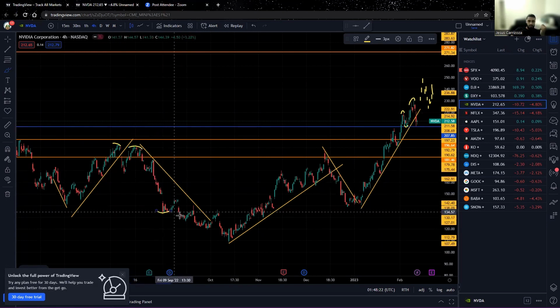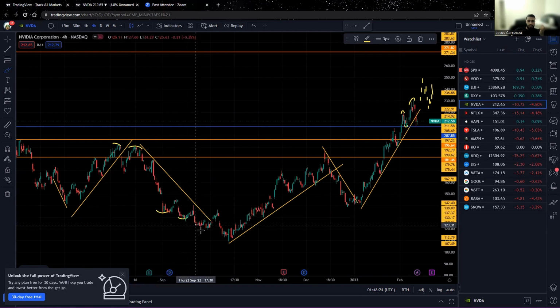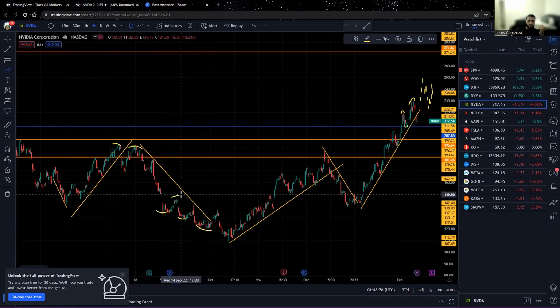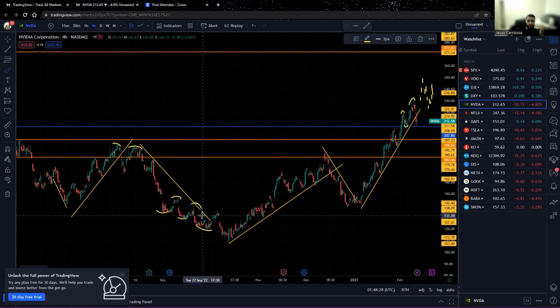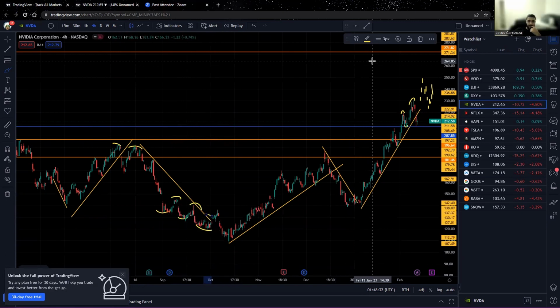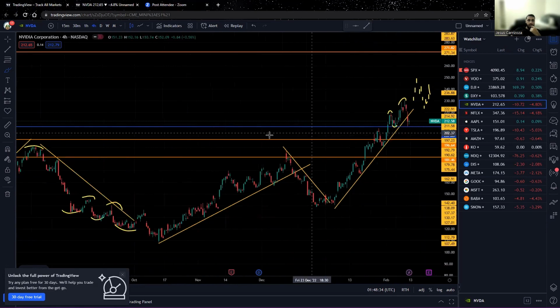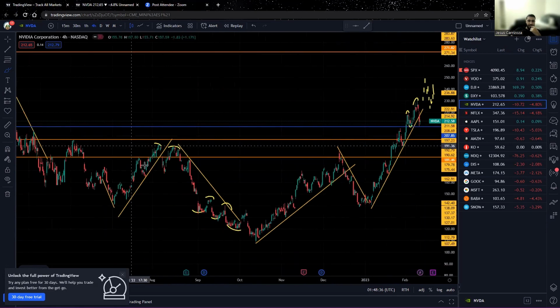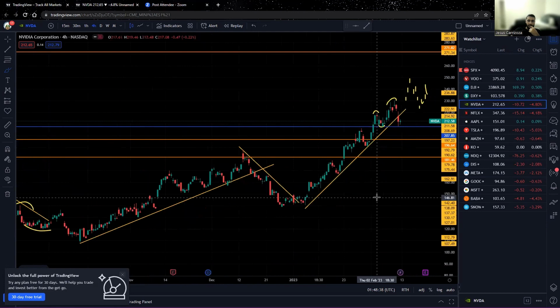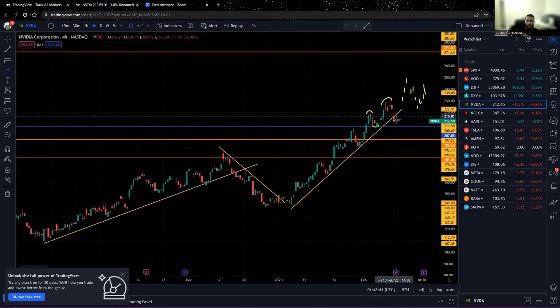We made lower lows right here, each low, boom, boom. And when does the trend change? Exactly where your line ends. So based off of previous action, would you be leaning more bearish or bullish now that this trend broke?